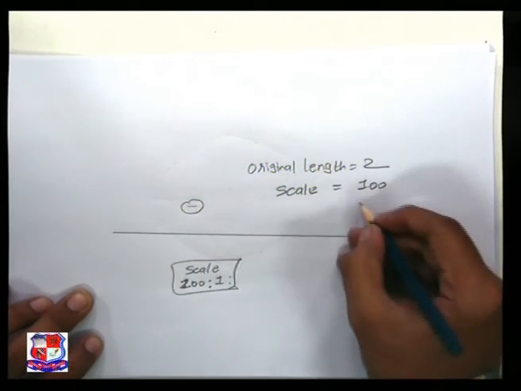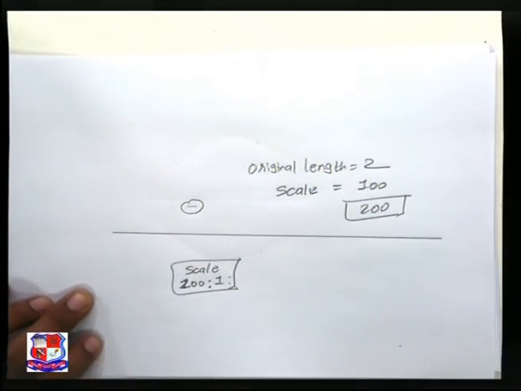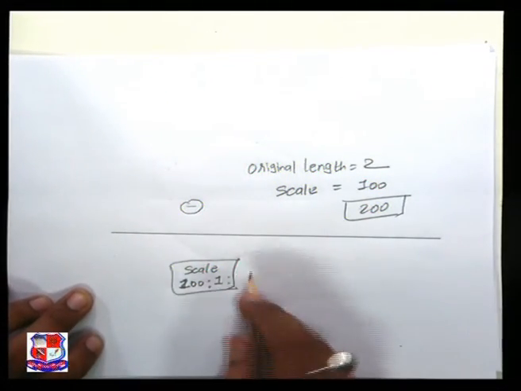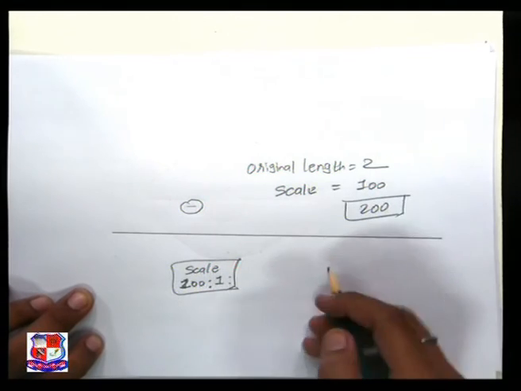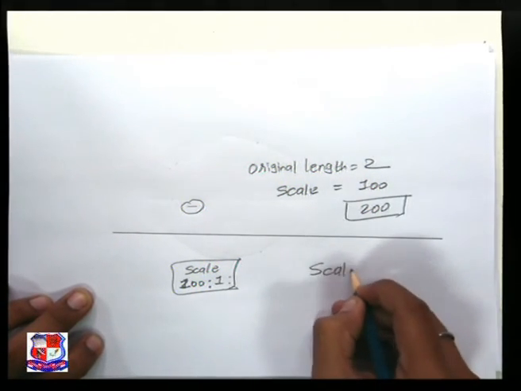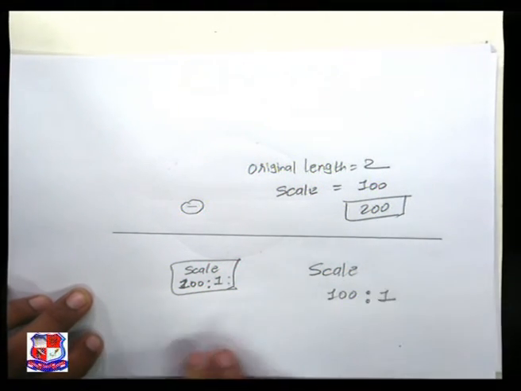If we multiply them, the answer comes as 200 mm, which means I have taken the scale of 100. I need to write scale 100 is to 1.